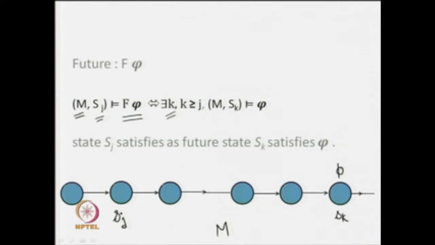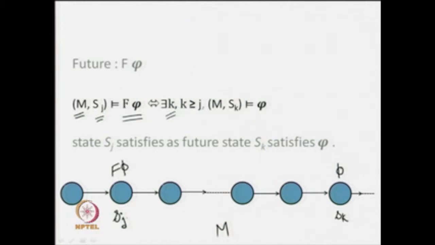So, when we say that F phi holds in a particular state, here phi is also another temporal formula. So, we are using a temporal operator, and we say in which state F phi holds. If in the future we get a state where phi holds, then we can say that in that particular state F phi holds. So, we can mark this particular state with F phi.